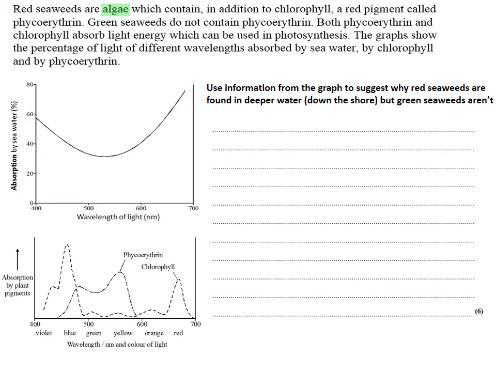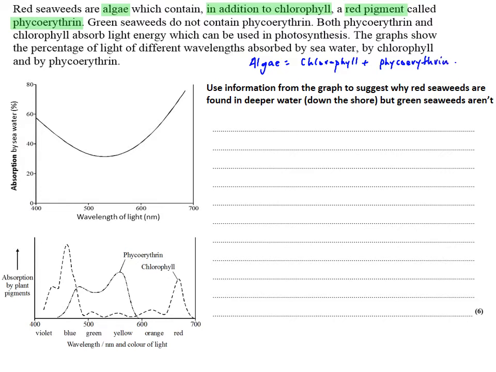And you can take your highlighter pen and highlight the important bits of the question. It does say that these red seaweeds, in addition to chlorophyll, have a red pigment called phycoerythrin. So it does tell us, and we can jot this down as well, that these algae do photosynthesize, and they have both chlorophyll as a photosynthetic pigment and the second pigment called phycoerythrin.